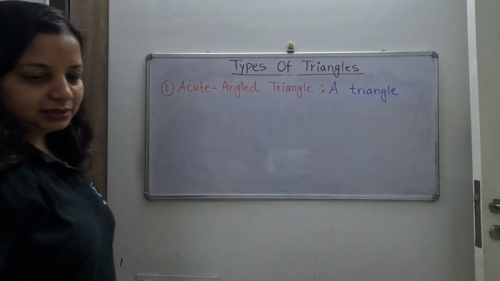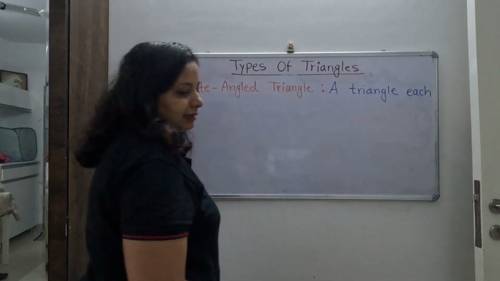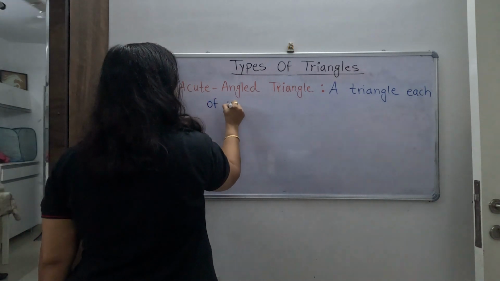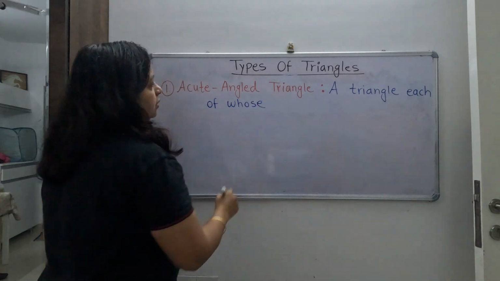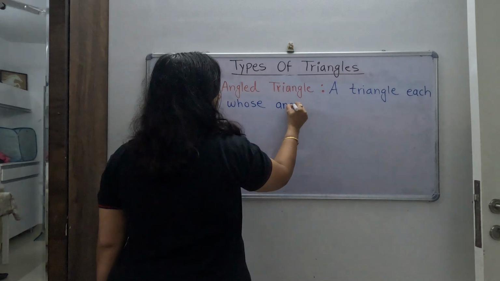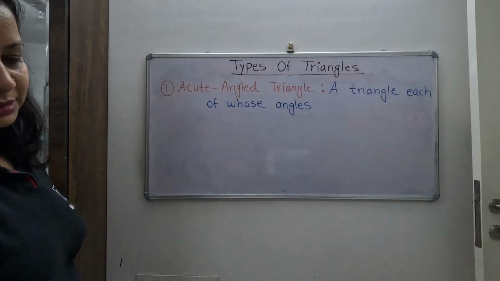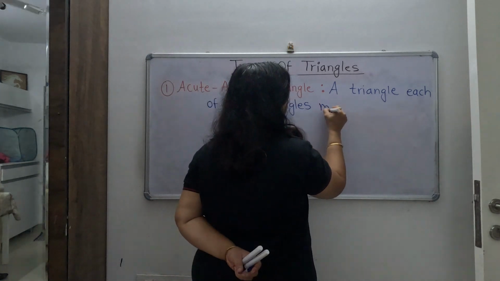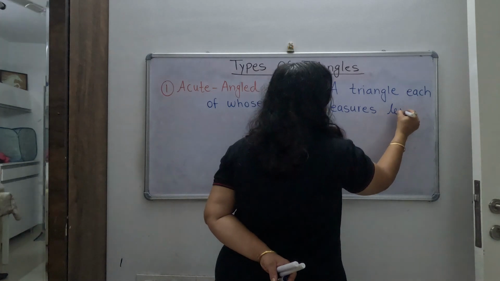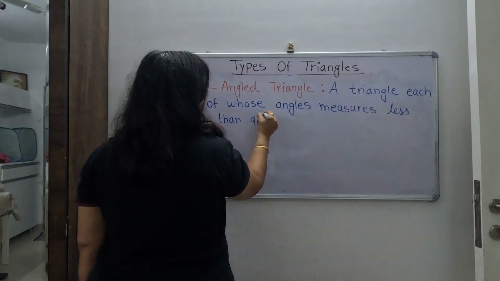A triangle each of whose angles measures less than 90 degree.